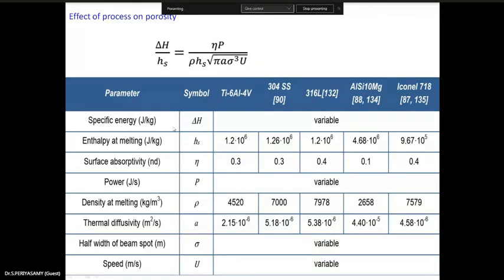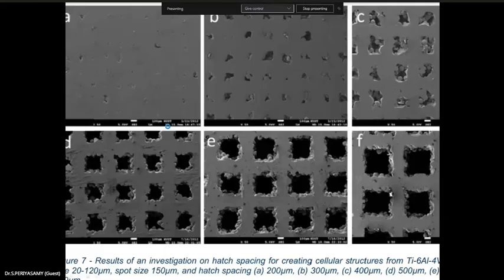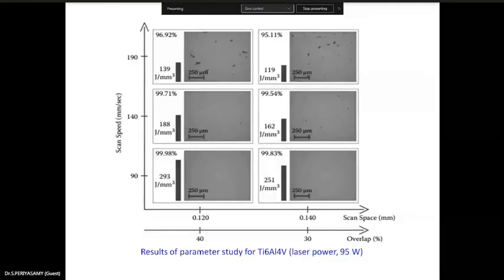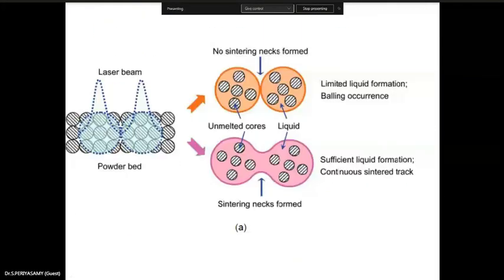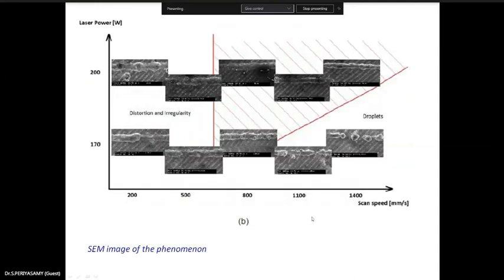So I have to get the images of the AM manufactured one, then compare with this standard: either it's fully dense or not, or how much percentage it's dense, or how much percentage it has in voids or porosity. Similarly, for aluminum casting, you have ASTM standard E2422. So this image is a reference, and the images we take from the current work in aluminum will be compared with this one.